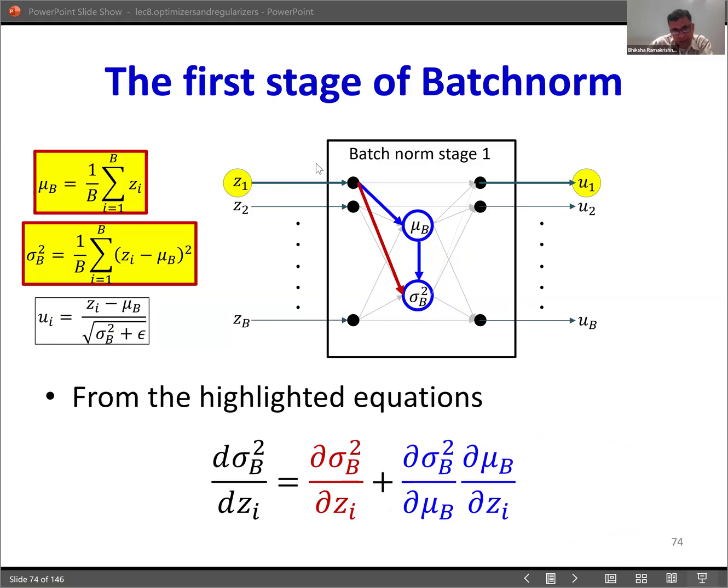So the derivative of sigma squared with respect to z is going to be the derivative over this edge, d sigma squared over dz, plus the derivative over this edge, which is d sigma squared over d mu times d mu over dz. This making sense to everybody? I'm using the same trick as before.